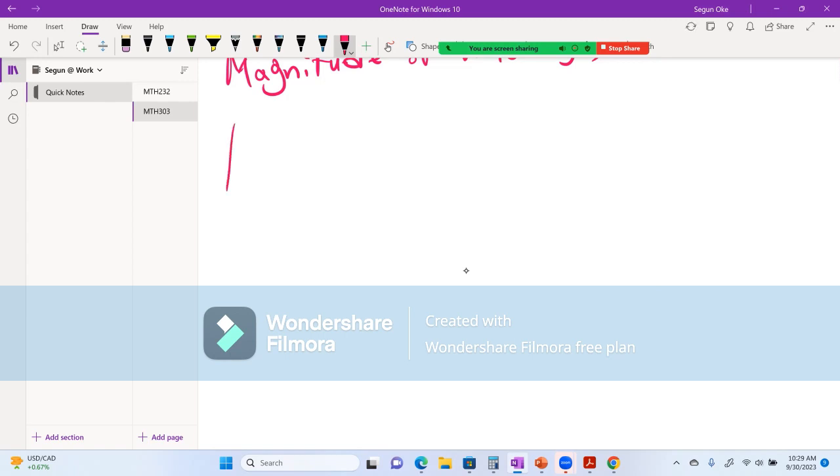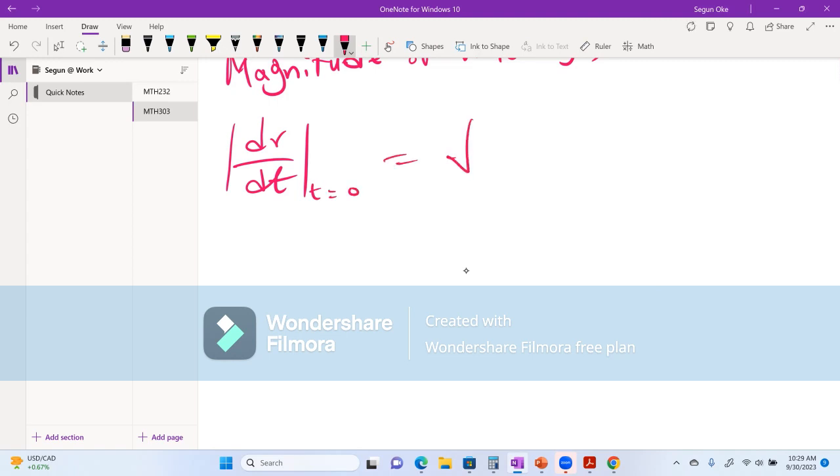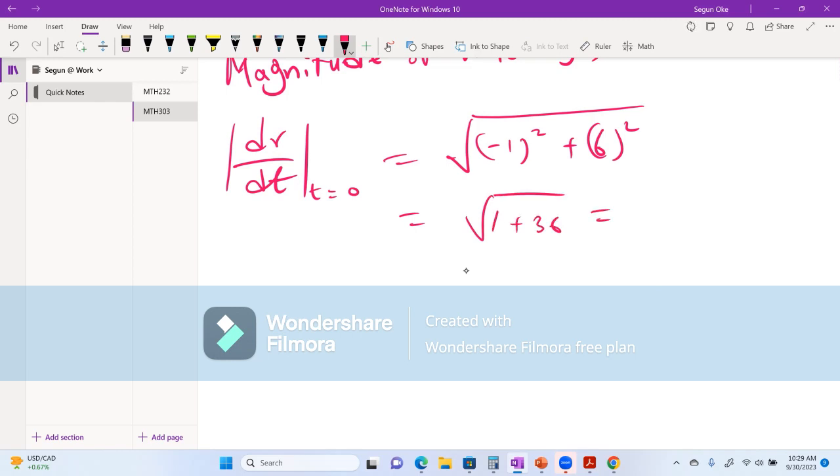So the magnitude of dr/dt at t equals 0 is the square root of negative 1 squared plus 6 squared, which is 1 plus 36, equals the square root of 37. So can we do the second one by ourselves?